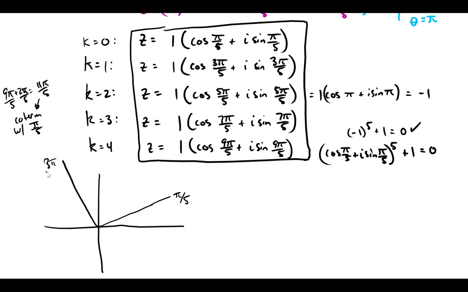Pi is this one. 7 pi fifths is down there. And then our 9 pi fifths would be over here. We can start to see, oh yeah, it's like making a starfish. Those should be all nice and symmetrical looking.